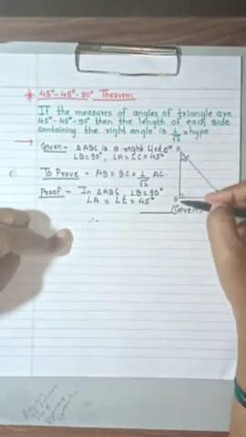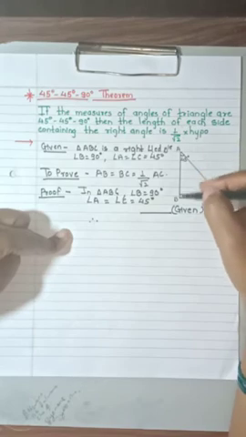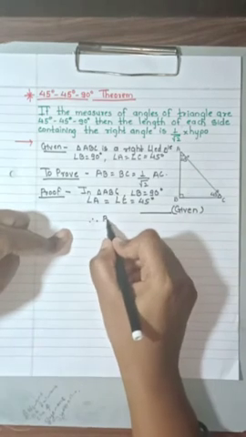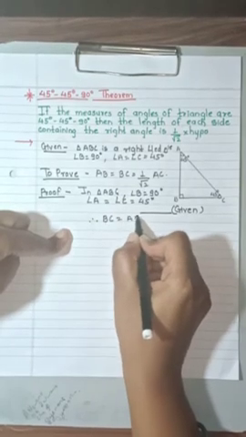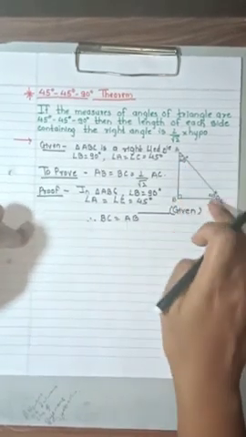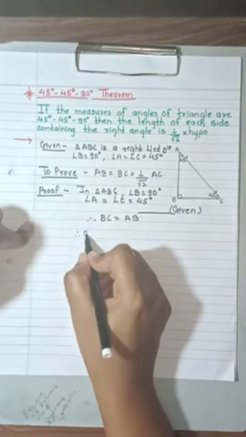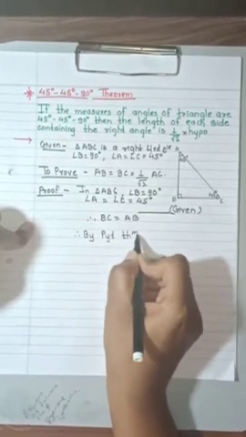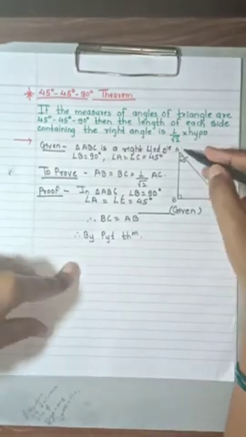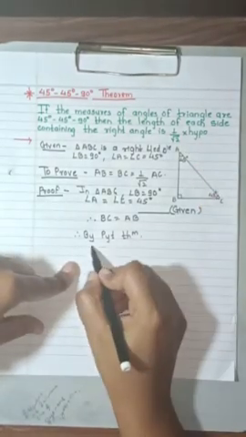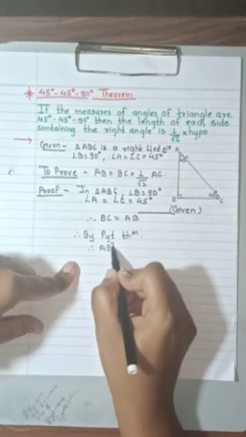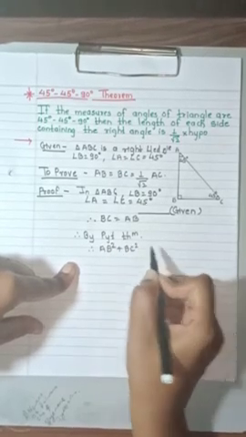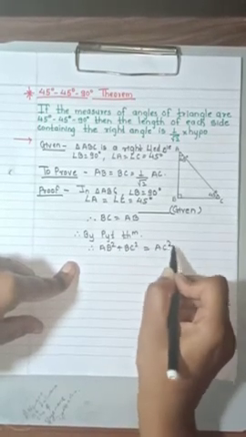Therefore, side BC is equal to side AB. Now, as this is a right angle triangle, by Pythagoras theorem, what is hypotenuse? Hypotenuse is AC. Therefore, you can write down here AB square plus BC square is equal to AC square.